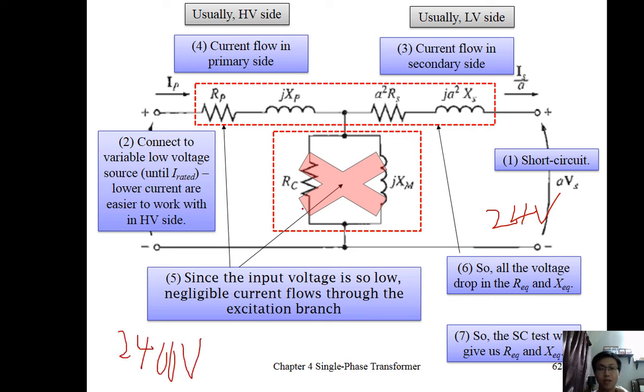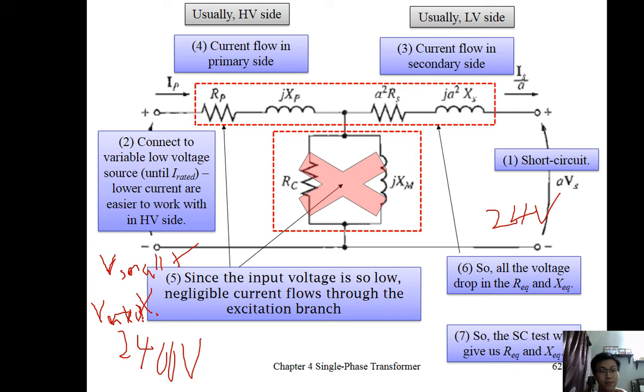The experiment here is we need to put a small voltage, not rated voltage, not V rate. Small voltage, 24 volt, we will short circuit it.